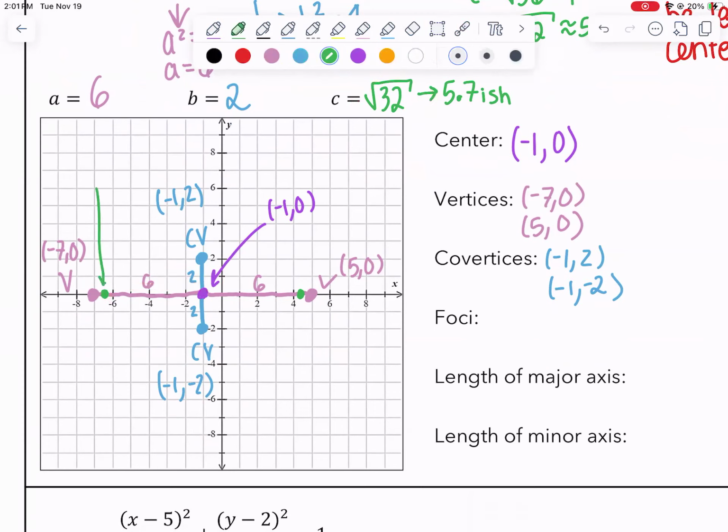So this focus right here will be at, you take the x value, but we're subtracting the square root of 32, 0. -1 minus the square root of 32, 0. And this focus over here, we're taking the x value and adding the square root of 32. So -1 plus the square root of 32, 0.